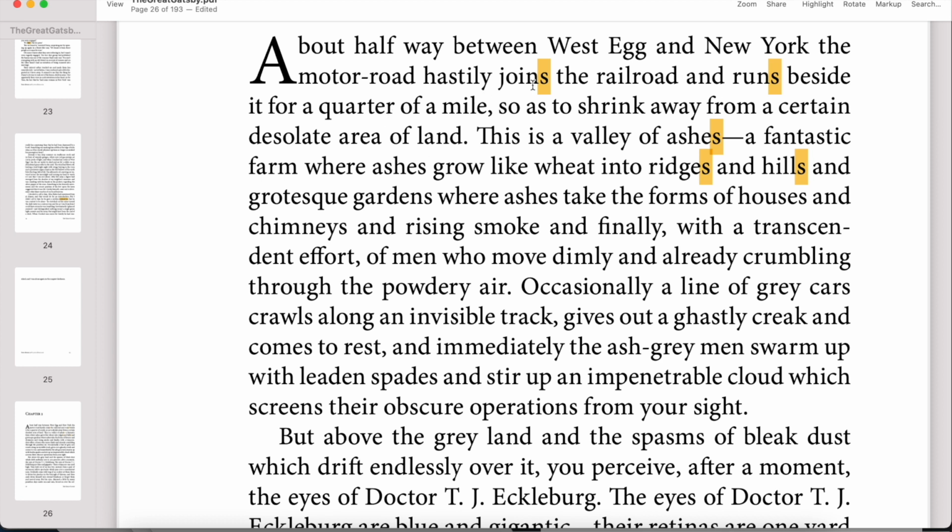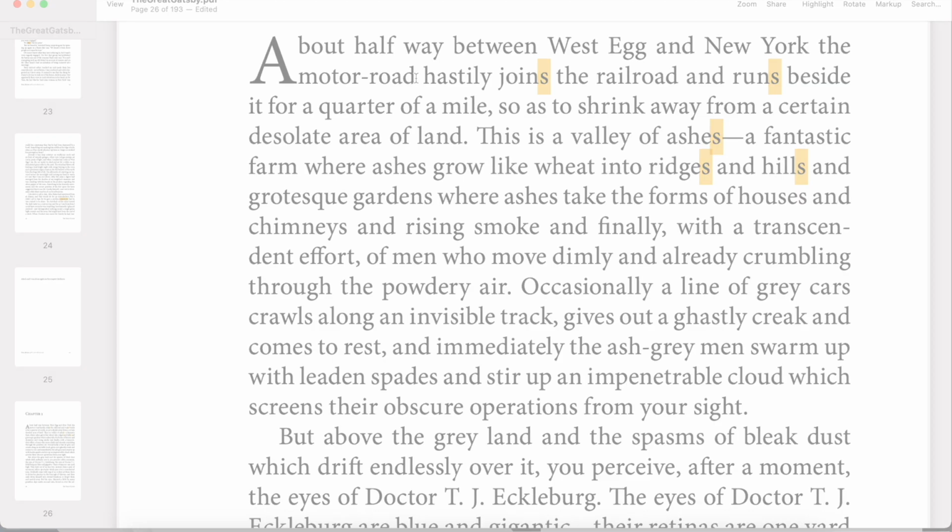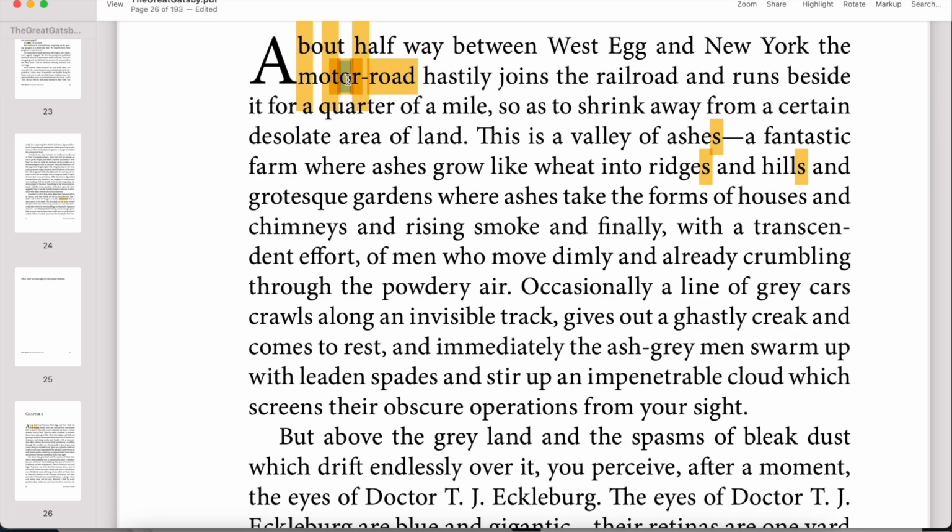So the motor road hastily joins the railroad and runs. Ooh, joins. Why joins and runs? Okay, because usually when I speak, I usually say join, right? I usually say run. Okay, but now we know that about halfway through West Egg in New York, the motor road. You highlight something like this, and it gives you a clue.